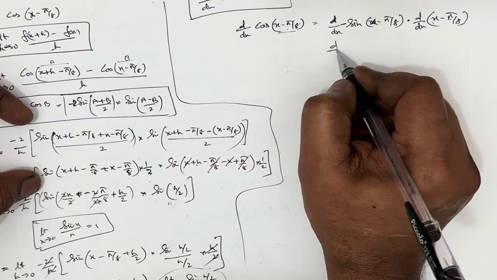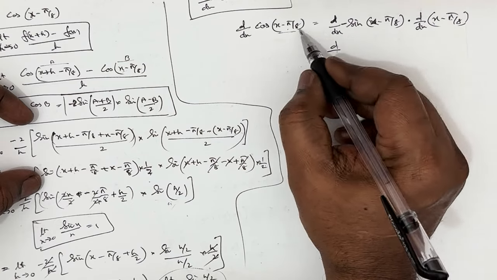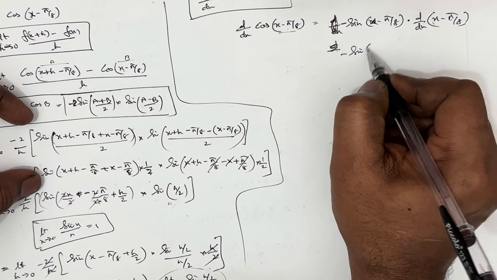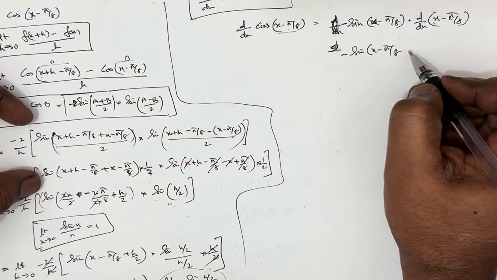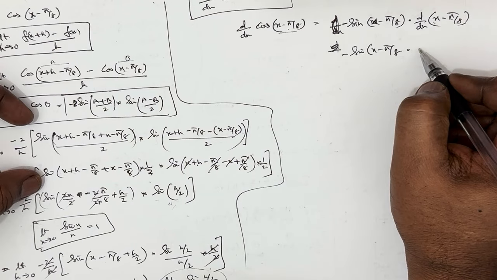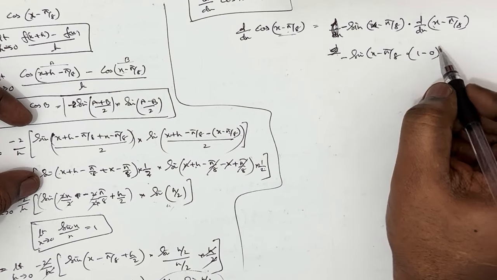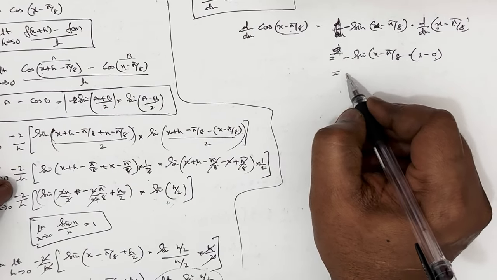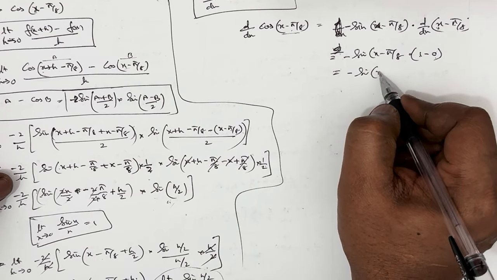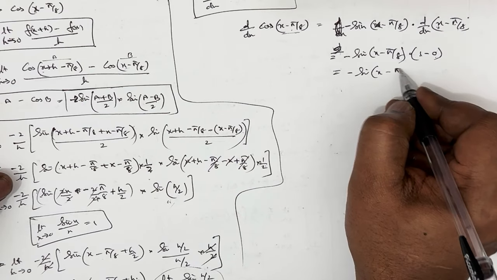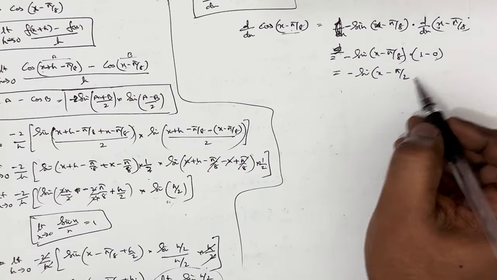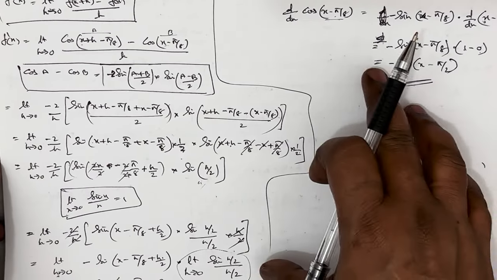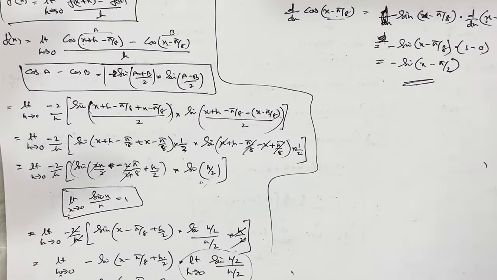So you will have minus sine of x minus pi by 8 multiplied by 1 minus 0, so you will have minus sine of x minus pi by 8. That's it. This is the chain rule. We'll do similar chain rule problems in the next coming exercise.